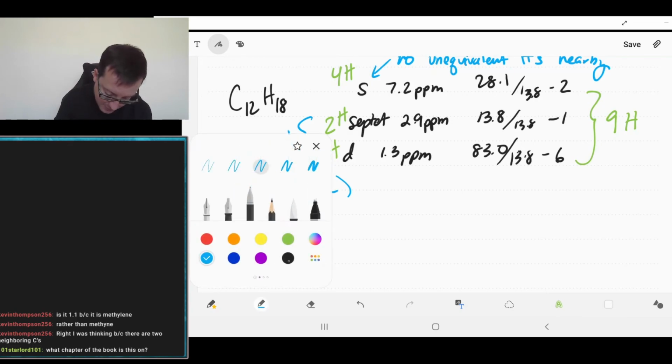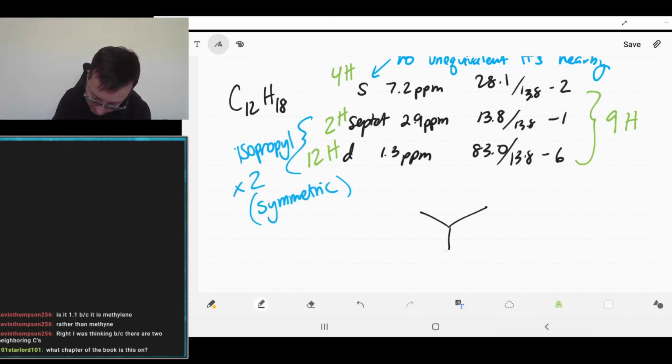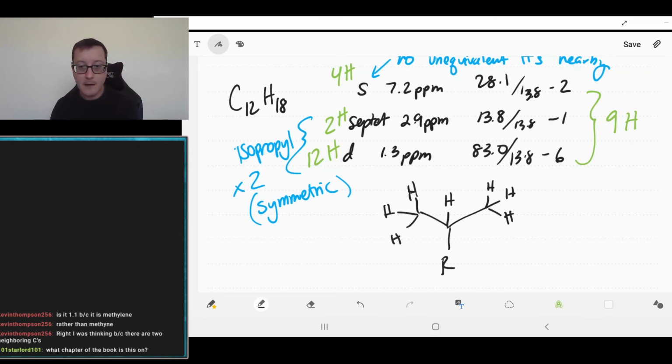An isopropyl group is a 1 to 6 ratio, and if we have 2 and 12, that's still a 1 to 6 ratio. Since they're showing up exactly the same places, that means there's symmetry. So somewhere in our molecule, we have another isopropyl group that's symmetrical to this one, whatever they may be, wherever they may be.